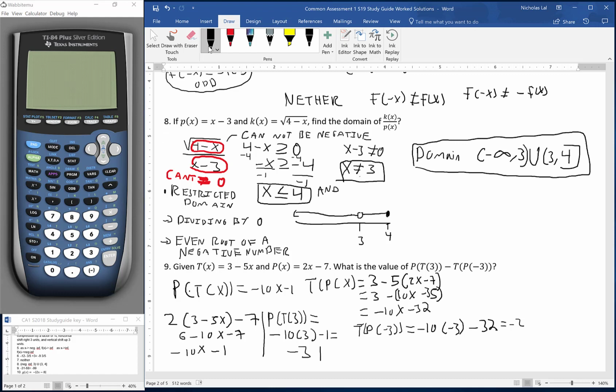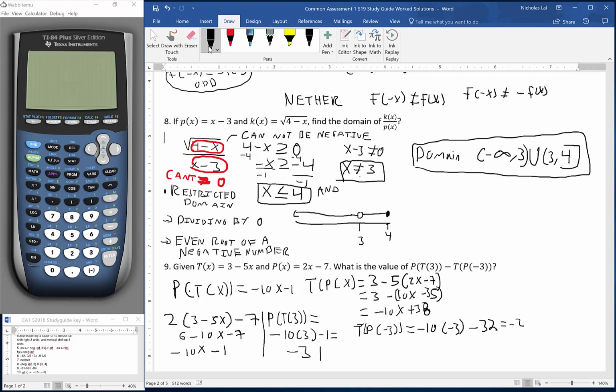So 3 minus negative 35 is going to be negative 10x, and 3 plus 35 is going to be plus 38.